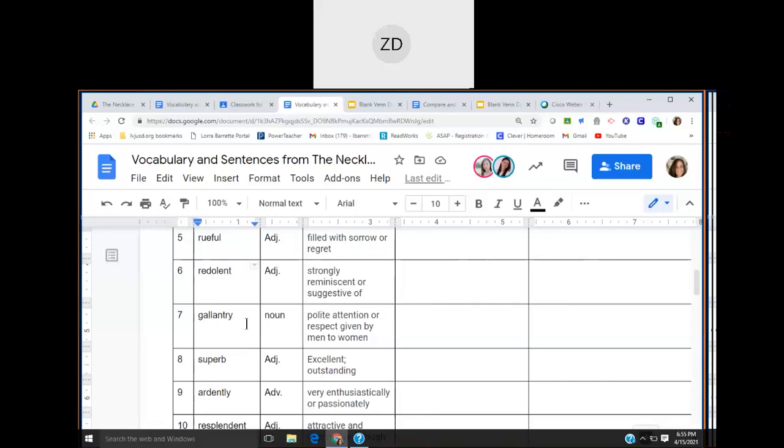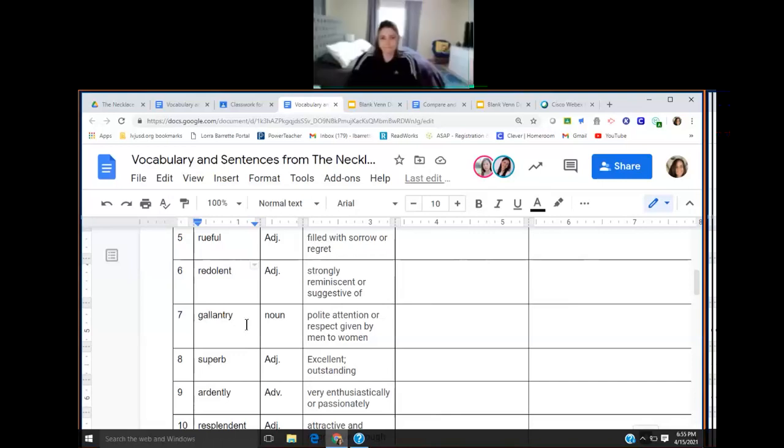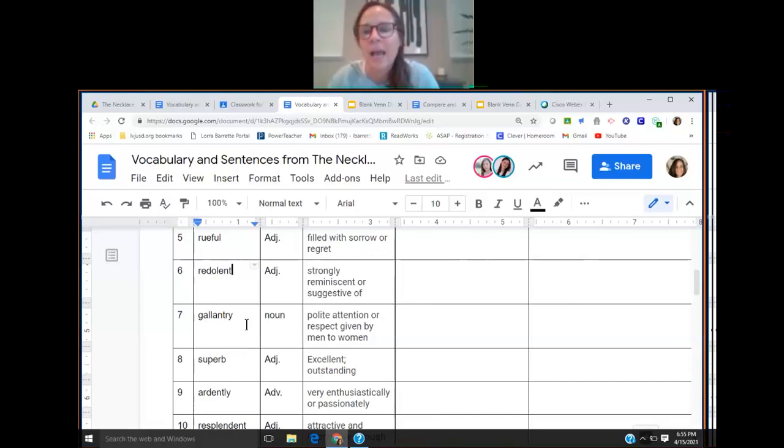Gallantry. Polite attention or respect given by men to women. So have you ever heard the word gallant? It's like when a knight comes to the rescue of a princess.